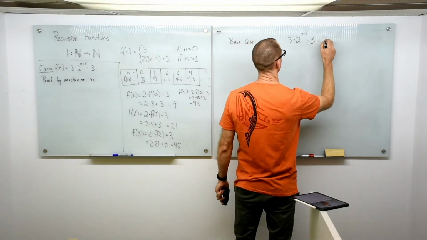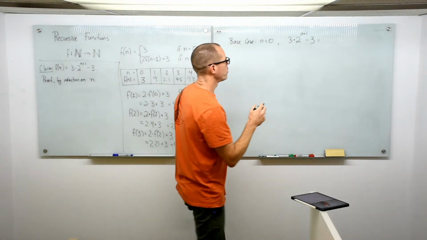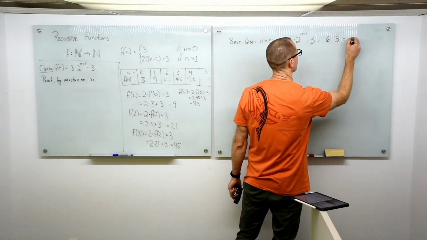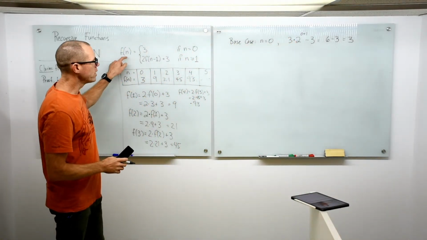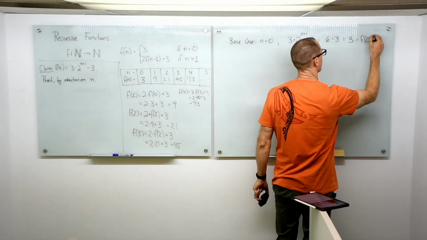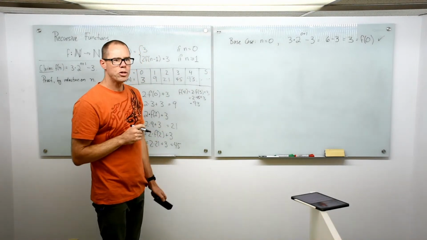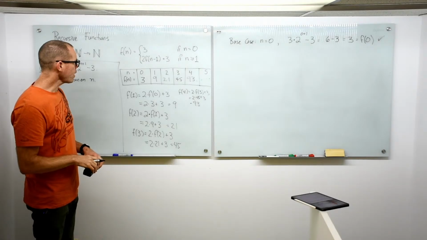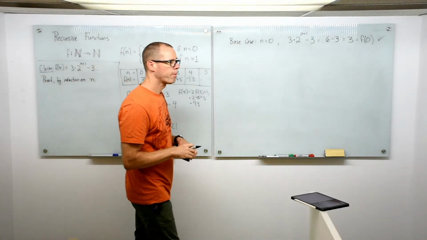That is equal to 2 to the 1 is 2. So this is 6 minus 3 is equal to 3. And indeed, 3 is the value of f of 0. So the base case checks out. So we've established that this claim is true, at least for n equals 0.